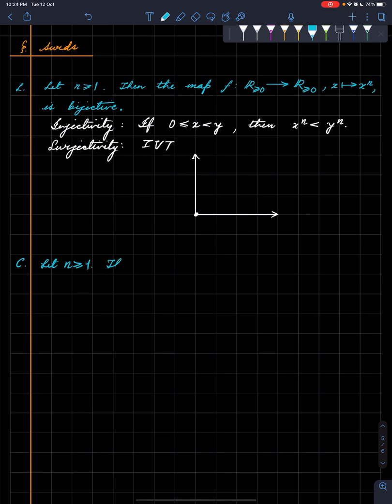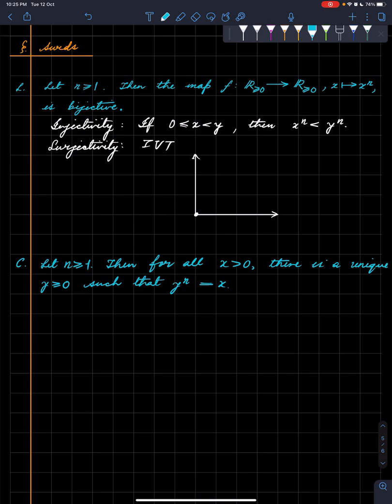Then for all x greater than 0, there is a unique y greater than or equal to 0, such that y to the n equals x.